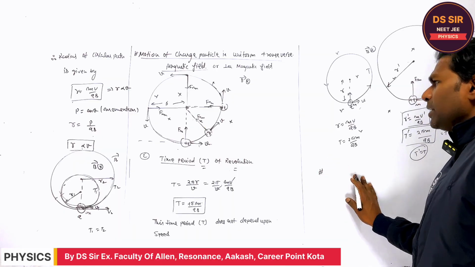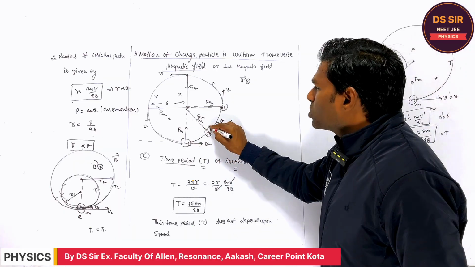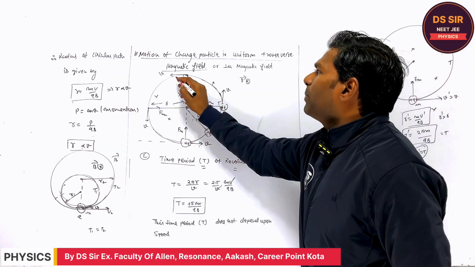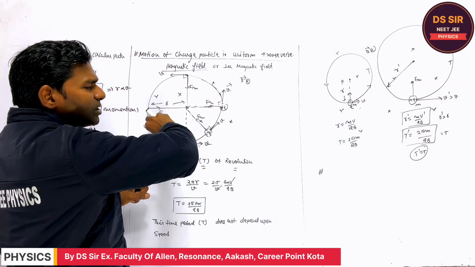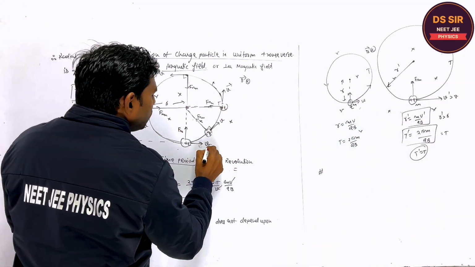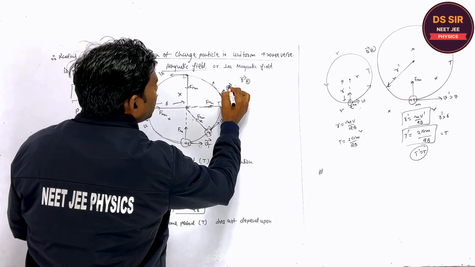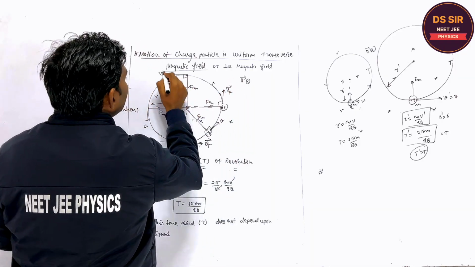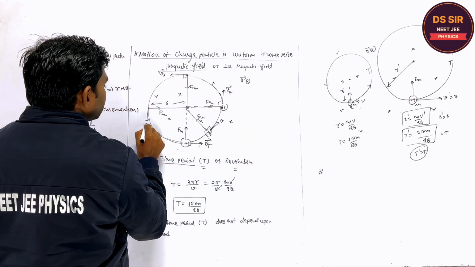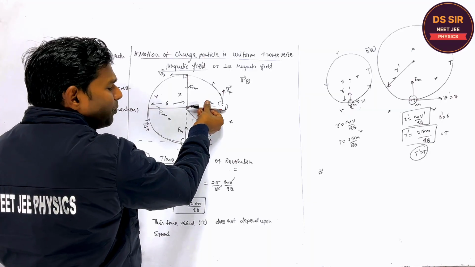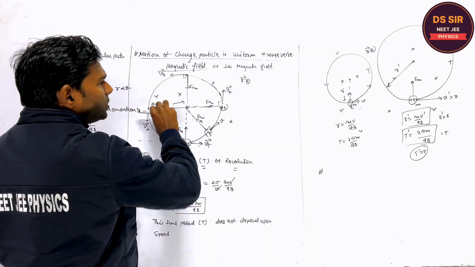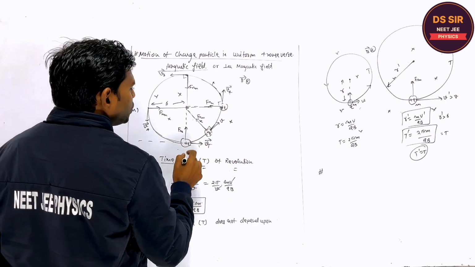Important thing, the force is always perpendicular to the velocity. Listen, since the direction of the velocity is changing, if you write down the velocity vectors v1, v2, and suppose this is v3 and this is the v4 vector, also the magnitude of the magnetic force is constant, but its direction is changing.